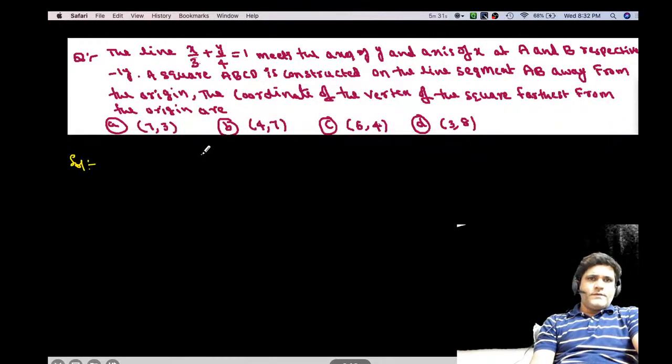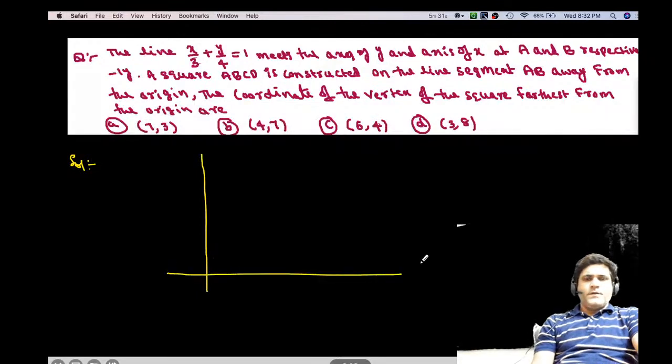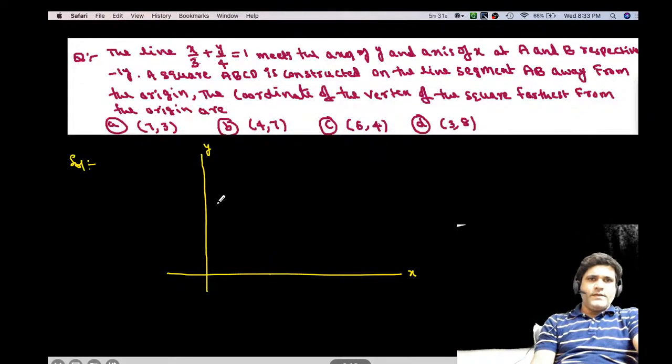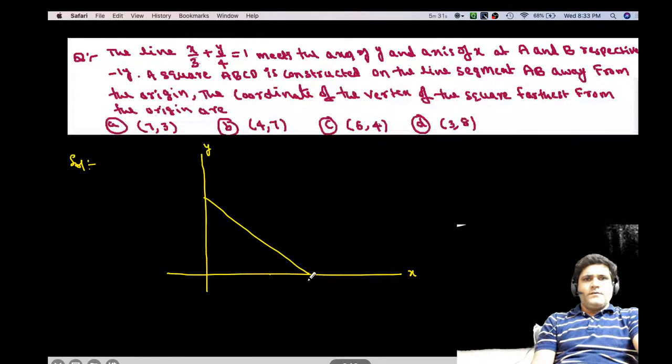We'll draw the diagram first. So this is the x-axis and this one is the y-axis. The line is x by 3, the x-intercept is 3 and the y-intercept is 4.